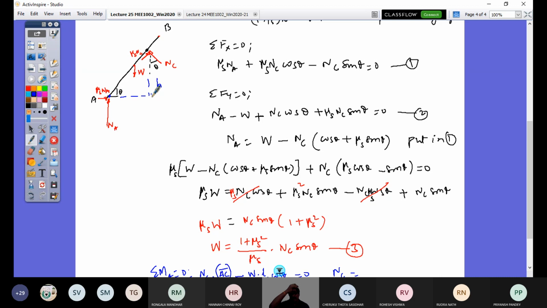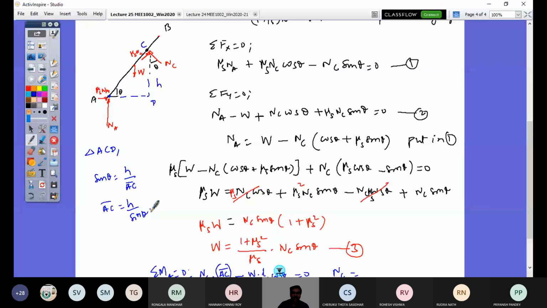Or I want to represent that in terms of H. So in this triangle A, C, and let's say this is point D, in triangle A, C, D, I have sin theta. Sin theta is opposite by hypotenuse, so equal to H by AC. So AC will be H by sin theta.